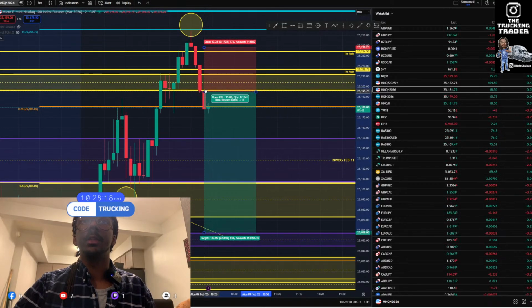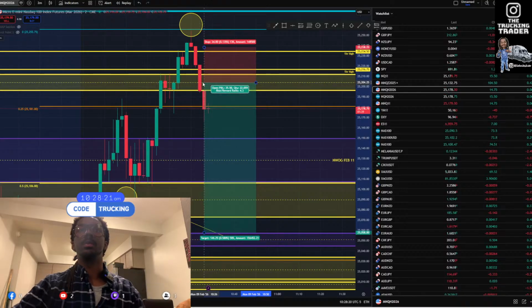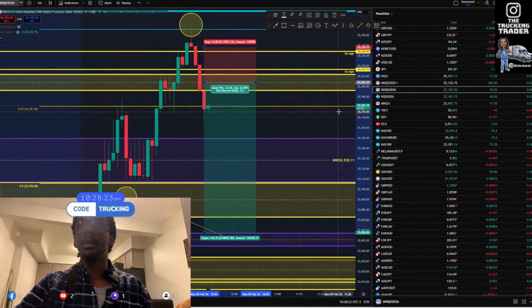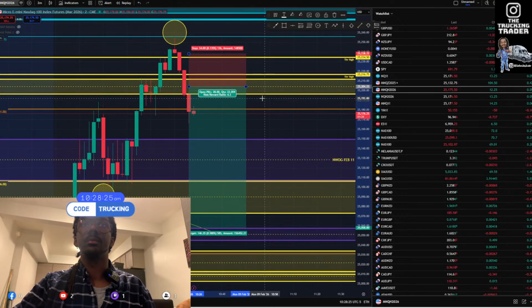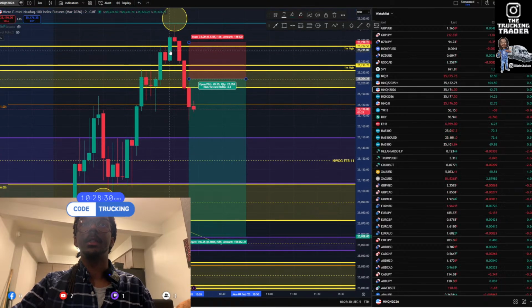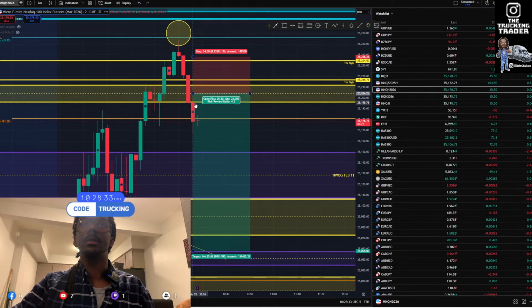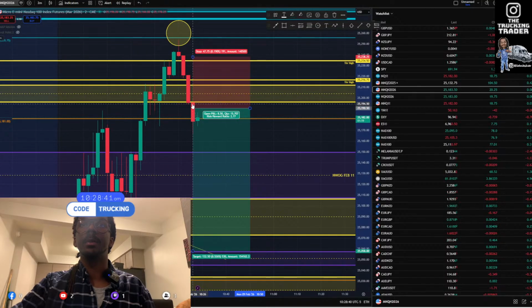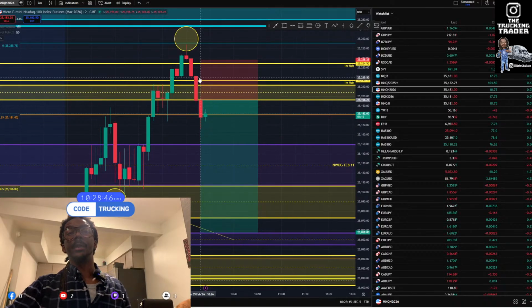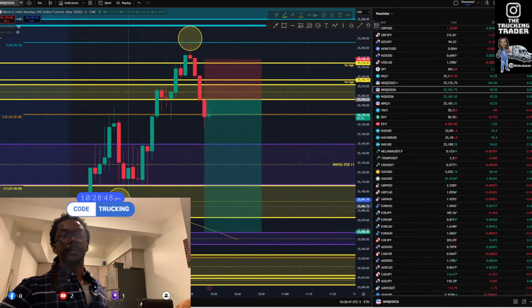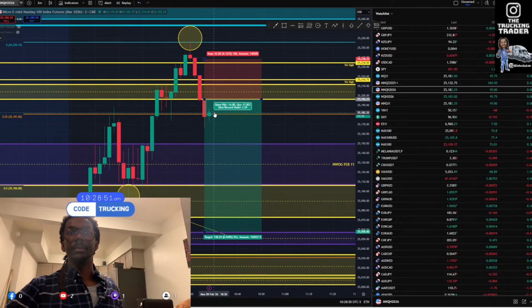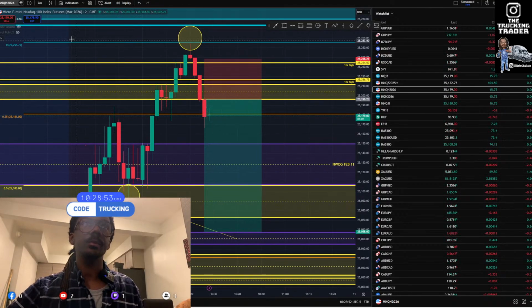So let's say if we can pull back up into at least the midpoint right here, then we're going to use the top of this gap right here as a stop loss. So it's already a 4 to 1 risk to reward from the midpoint right here. If we was to drop it a little bit, it's still decent risk to reward. Saying that to pretty much say, if we go to where I think we're going to go, the risk to reward is pretty much there even right now, right?